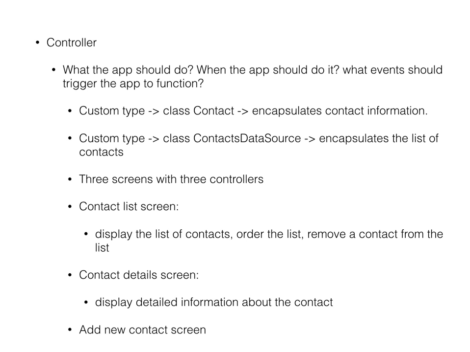So we have 3 screens with 3 controllers: the contact list screen, the contact detail screen, and the add new contact screen, and we also have 2 classes that represent the model. This is new in this project. In the previous project, we only dealt with classes that represent the controller of the view. Here, we're going to deal with classes that represent the data, the type of the data, which in the past we've been getting from the library. Here, we're going to make our own for the first time.